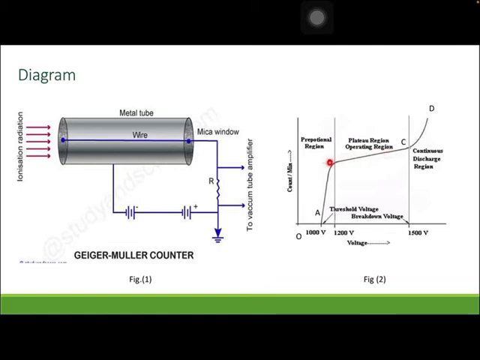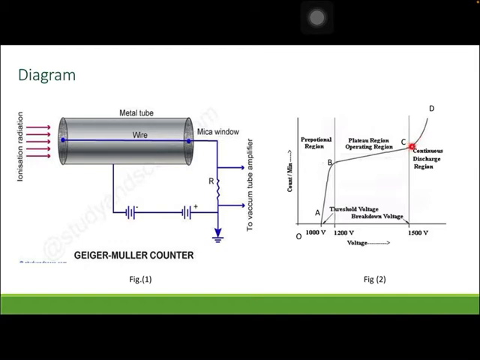Okay. So the counter has the maximum efficiency in this particular region. The GM counter's maximum efficiency is found in this region. And as you increase the voltage after this 1500 volt, what happens? A continuous discharge takes place, because of which the count rate becomes very high. This continuous discharge is furious and unwanted.